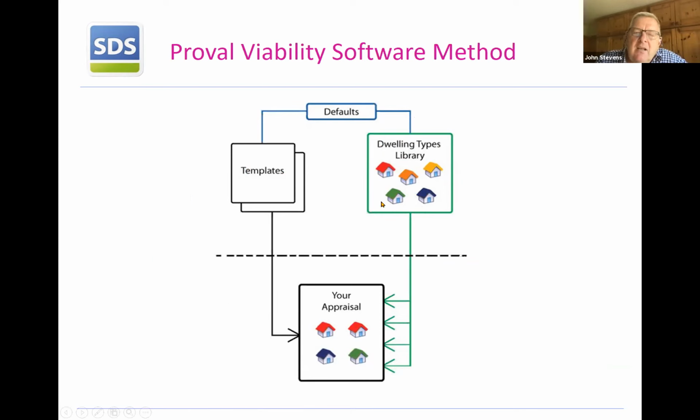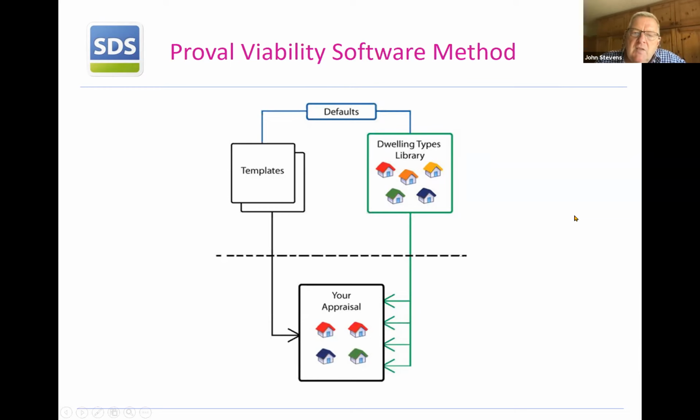So our tenure library could have social rent, affordable rent, shared ownership, and they can all have different management and maintenance allowances inside of them. And to create the appraisal, we take our template with our loan rates on it, and we drag onto that the unit types that we want to create in the appraisal. And that's what we're going to be doing shortly.